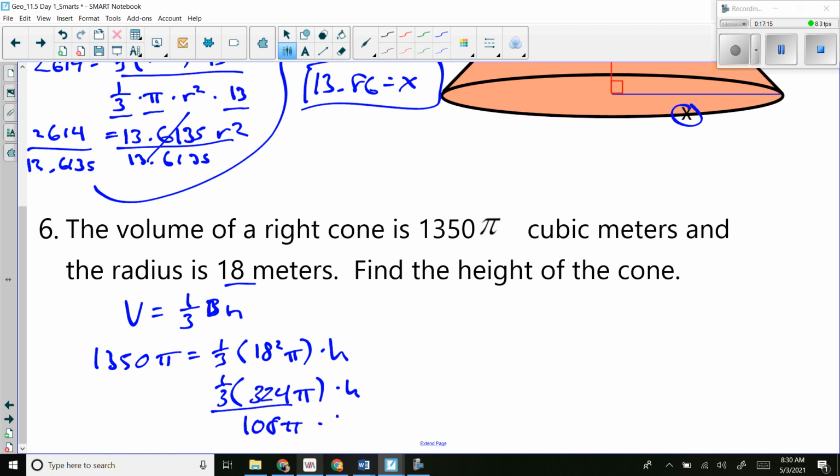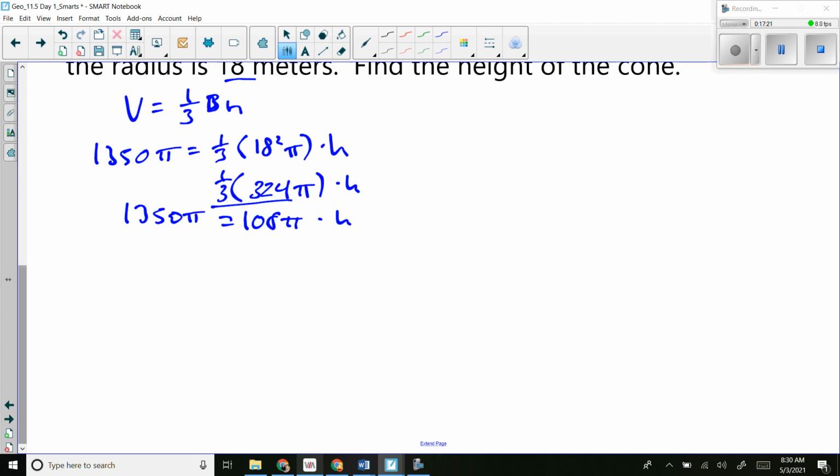So 108 pi times the height equals 1350 pi. And then if I extend the page here, when we divide by 108 pi, you'll notice it cancels on the right side, give me just h, which is what I want. And on the left side, the pi's cancel. So all I can do is do 1350 divided by that 108.